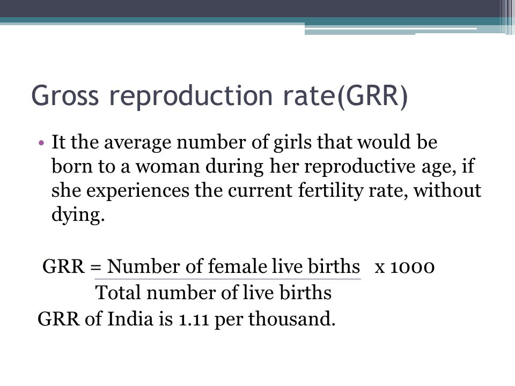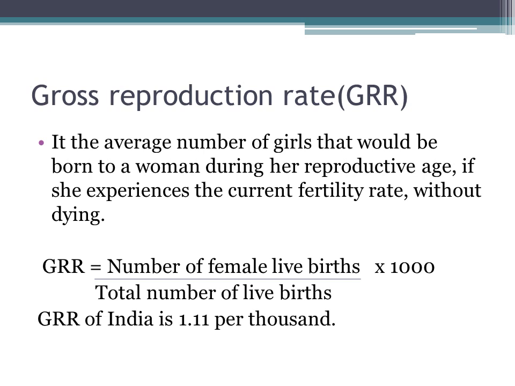Now comes the gross reproduction rate. It is defined as the average number of girls that would be born to a woman during her reproductive age if she experiences the current fertility rate without dying. So in the total fertility rate, we calculate the total number of children, whether they are boys or girls.